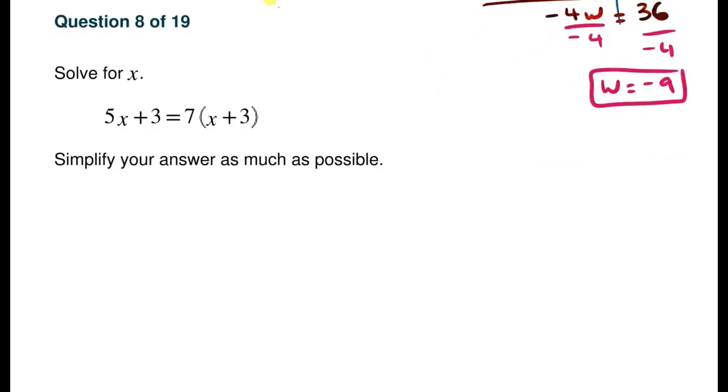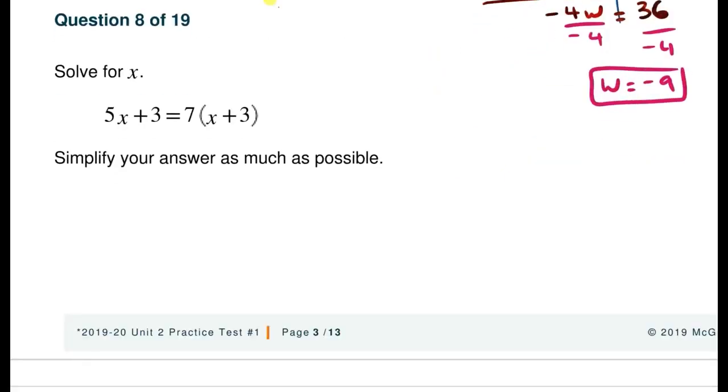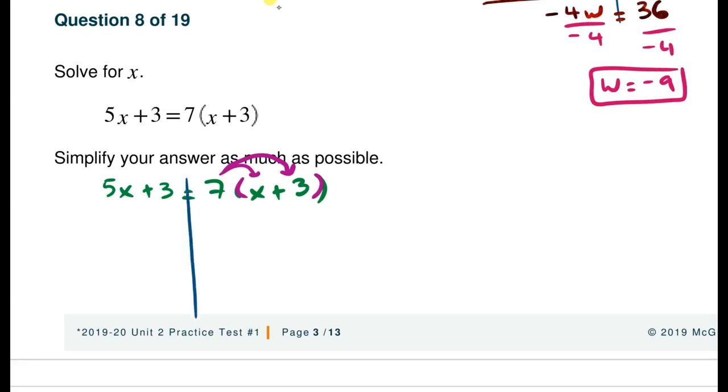Alright, problem 8. We have 5x plus 3 equal to 7 times x plus 3. So first of all, if you see the parenthesis, what we have to do is multiply 7 into the parenthesis, or distribute 7. So that will give you 7x plus 21.